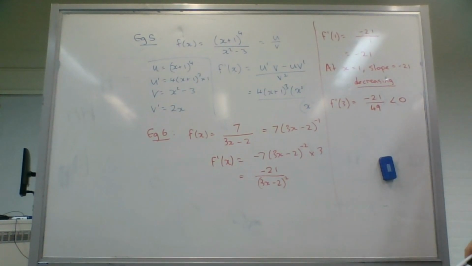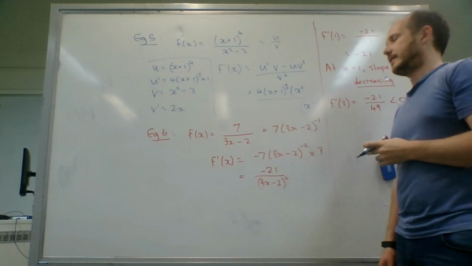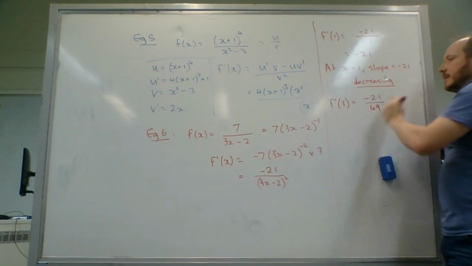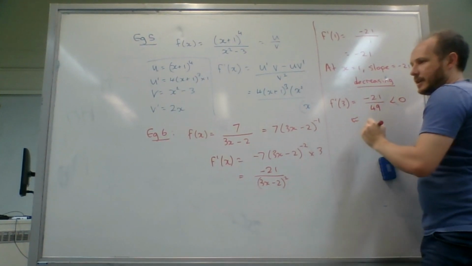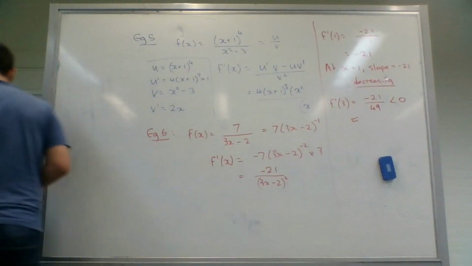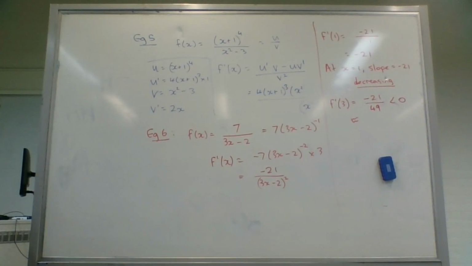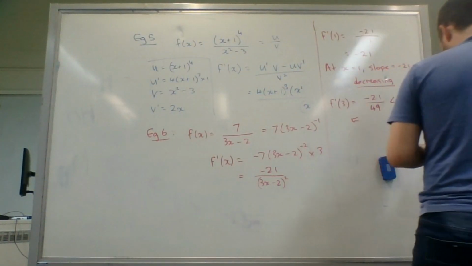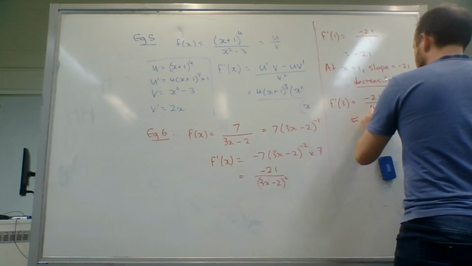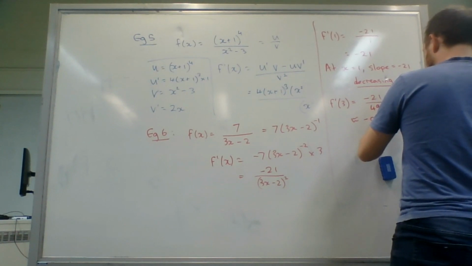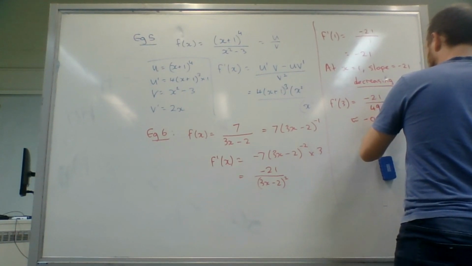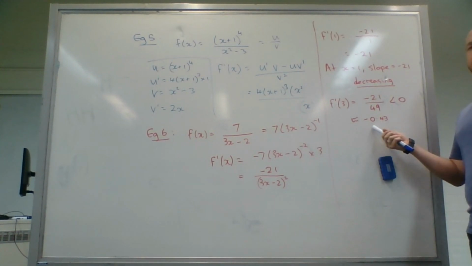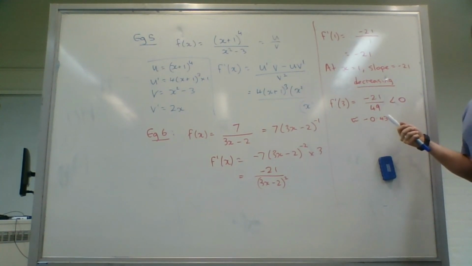So the function is still decreasing. But this slope is a lot less than this one. So this is approximately equal to, got my calculator, negative 0.43. Okay. All right, so the slope is still negative, but it's not as negative as it was before.